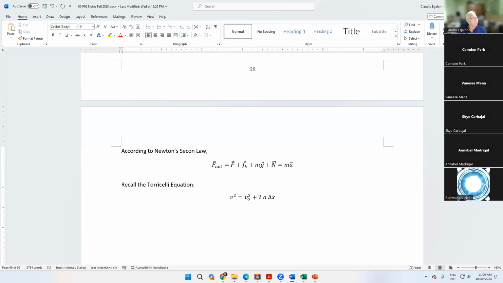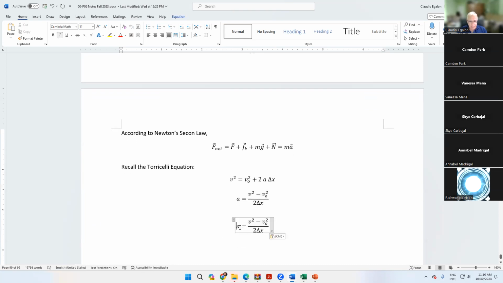Which, by the way, can be written here as something like that. All I'm doing here is isolating a. By the way, if I multiply this by m, I'm also going to get the net force.